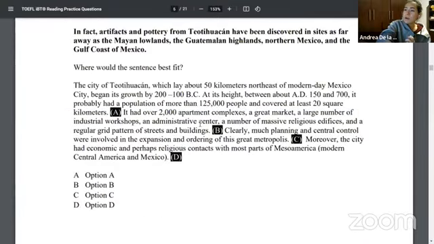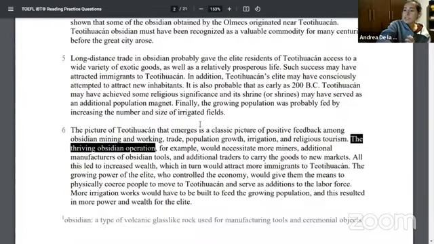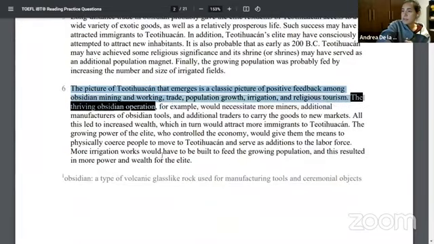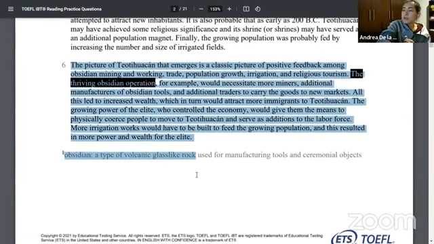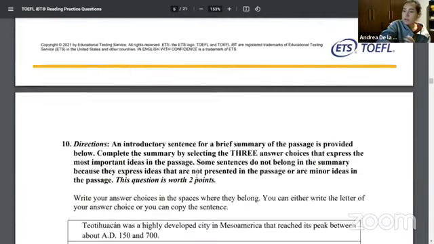If we go back to the passage, this last paragraph says that. That's the main idea of the conclusion. The picture of Teotihuacan is a classic picture of positive feedback among all of these areas.